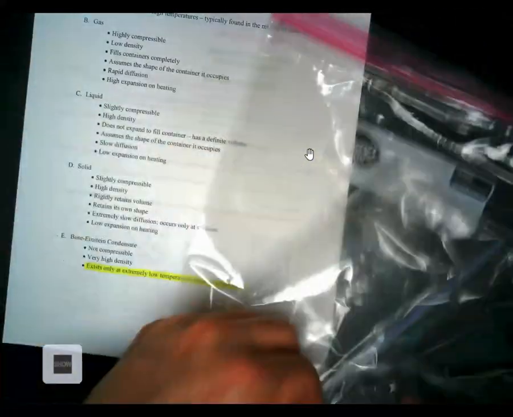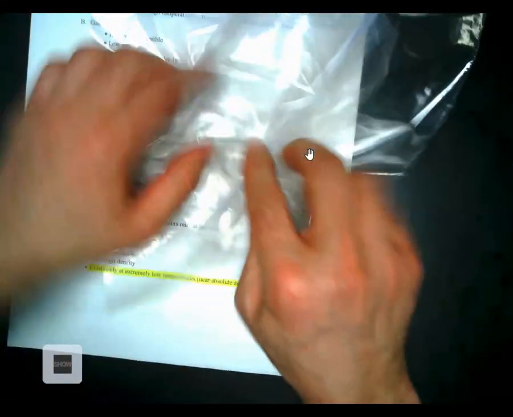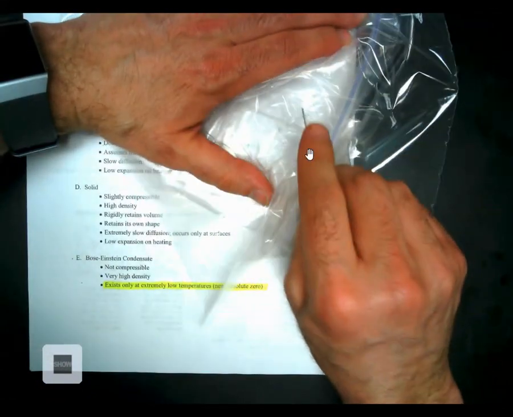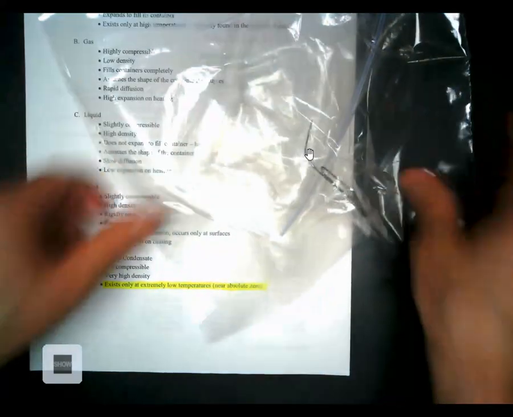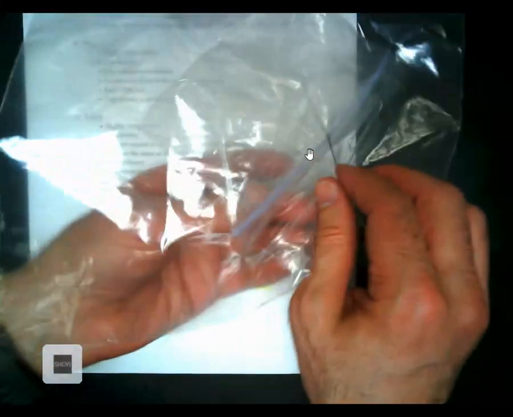Okay. So now I have the paper clip in there. If I take this and pierce the inner one, no molecules are escaping.